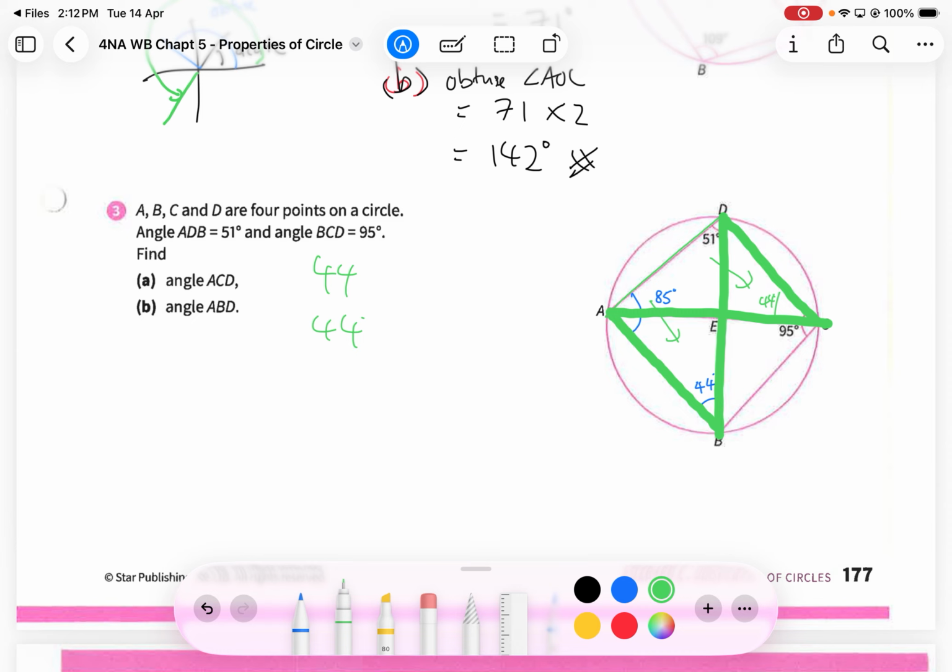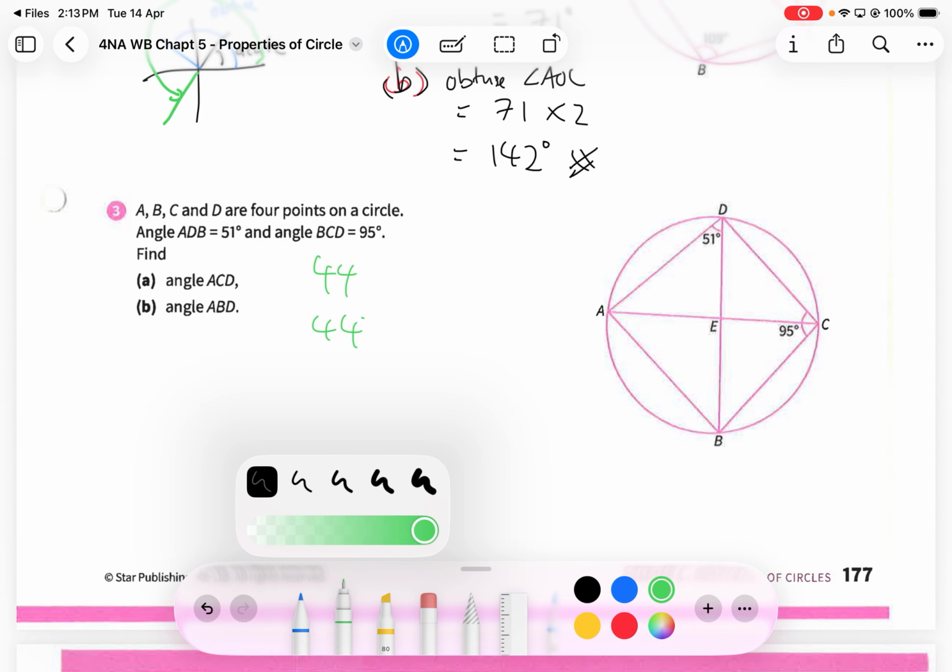Is there another way to find it? Okay, the other way to find, now then I see. They wanted us to see another thing: from AB, coming here is 51.